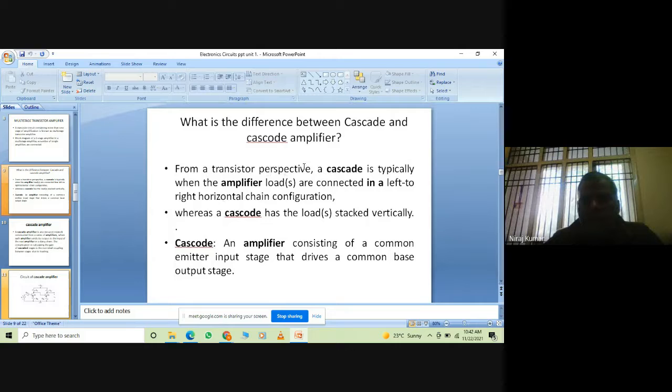From a transistor perspective, a cascade is typically when the amplifier loads are connected in a left to right horizontal chain configuration, whereas cascode has the load stacked vertically. Cascode is an amplifier of a common emitter input stage that drives a common base output stage.